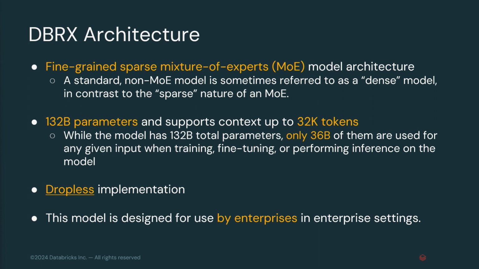And so while the model itself has 132 billion parameters in total, every time you send a single activation, a message through the network, you're actually only using 36 billion parameters. And so this gives you a nice balance of intelligence and effort for answering or responding to different inputs.